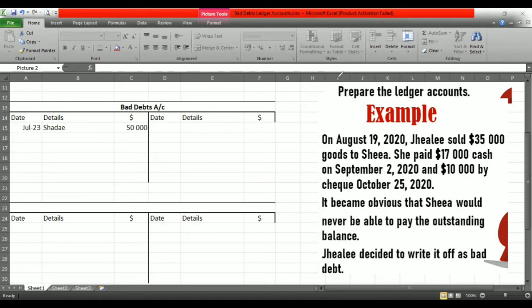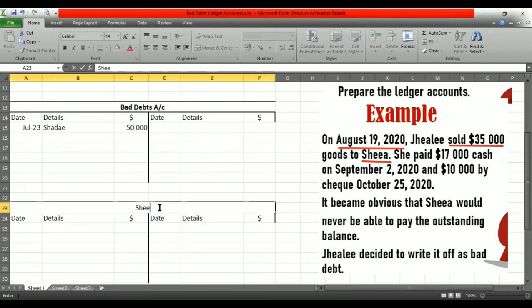But before we write off Shay's account for the bad debt, we have to show the entry that took place on August 19, where goods were sold to her, $35,000. So let's create an account for Shay. That is Shay account. And we need to show the August 19th entry.